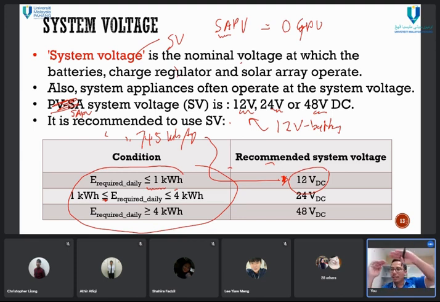So when the voltage drops, for example, 2 times more than normal, then the charge controller will start to turn off. For example, the charge controller is set at 10.8 volt, the lowest point.